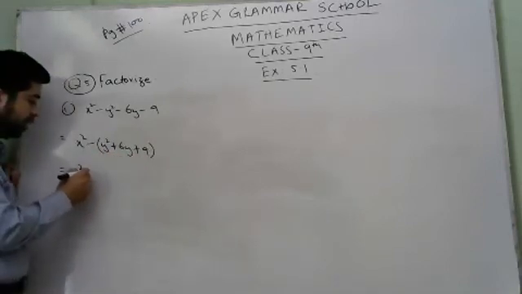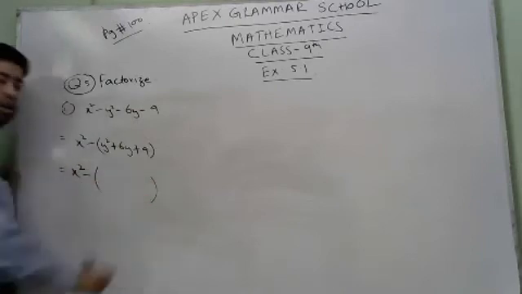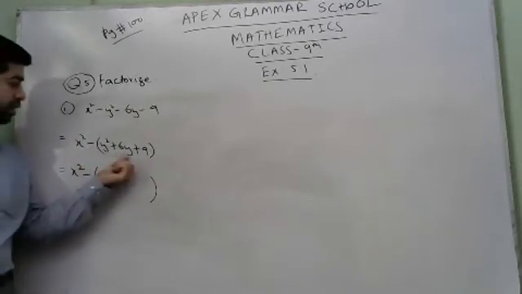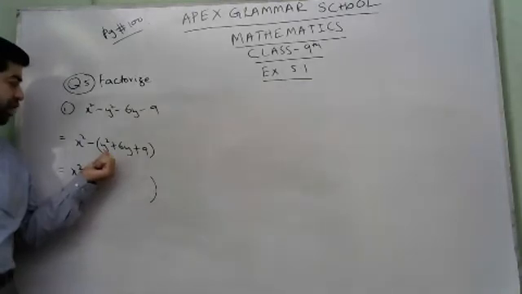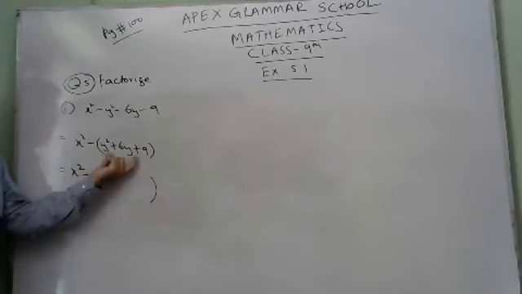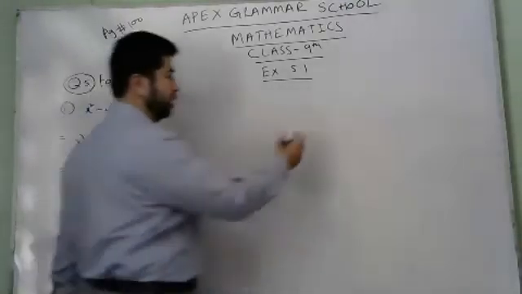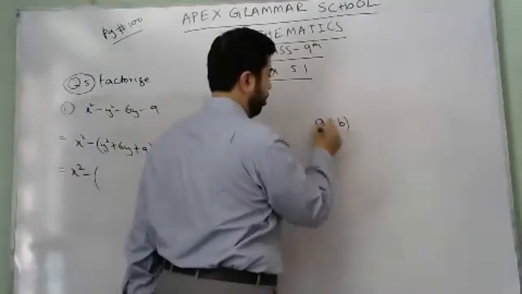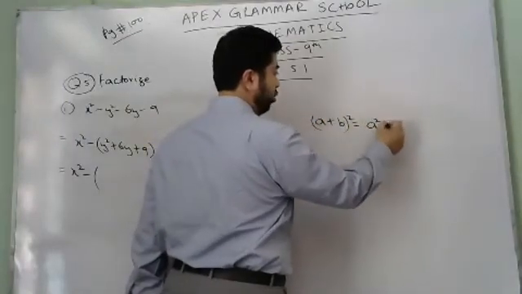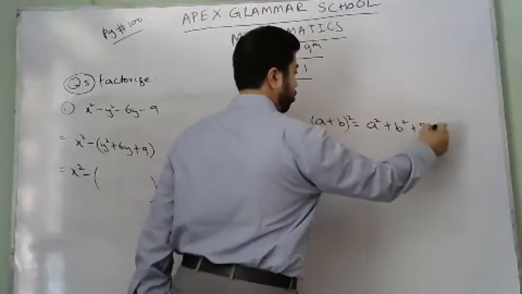This is x square minus, you can see that this y square, this 6y, and this 9, these all contain the positive sign inside here. So if all values contain positive sign, it can be a formula of a square plus b square plus 2ab type.